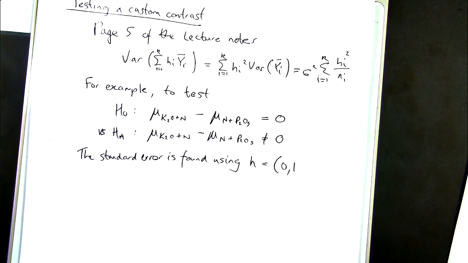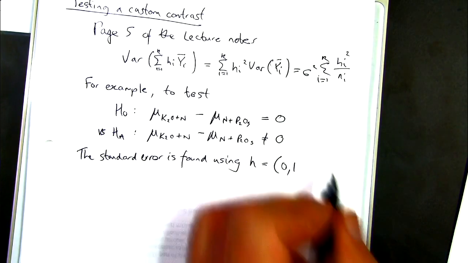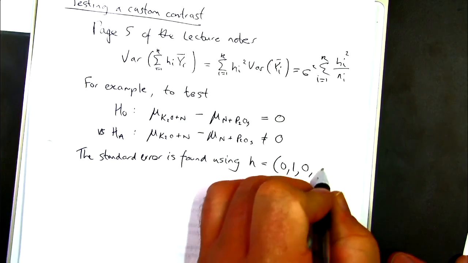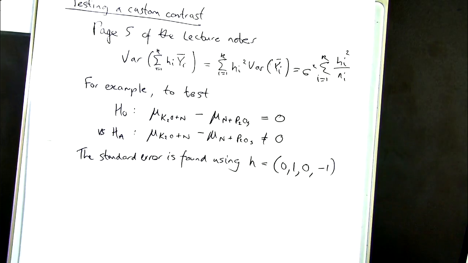I do want the second group, that was the first fertilizer treatment. I don't want the third group because it wasn't included in the comparison either. And I want a -1 for the fourth group. Okay? So really, I'm comparing the mean for this group with the mean for the second group with the mean for the fourth group. So I'm putting a 1 in the second position and a -1 in the fourth position.